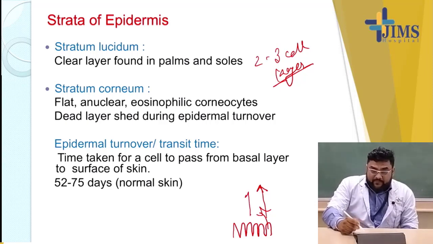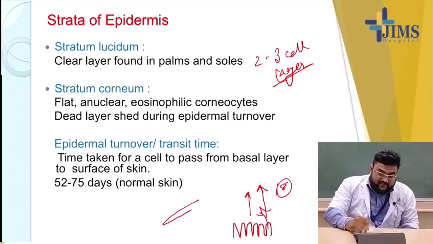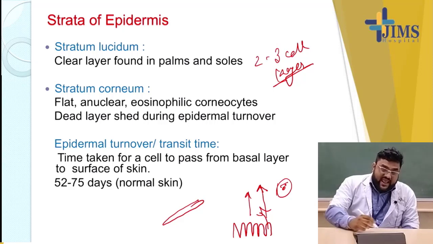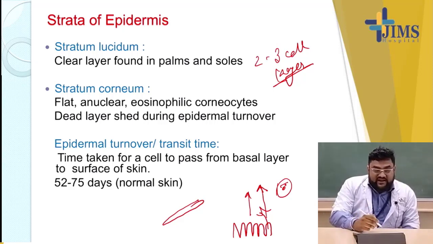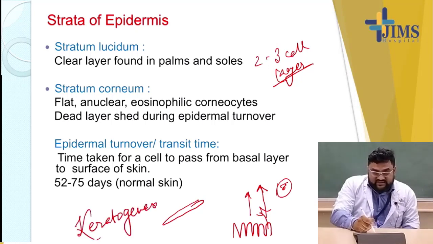As the cells go up, there are certain changes. The cell organelles die off slowly, and the cells become more flattened with fewer organelles. This full change is called keratogenesis. This is a morphological change.